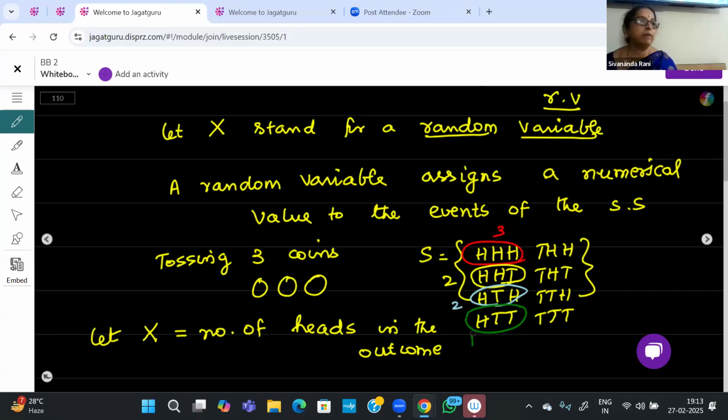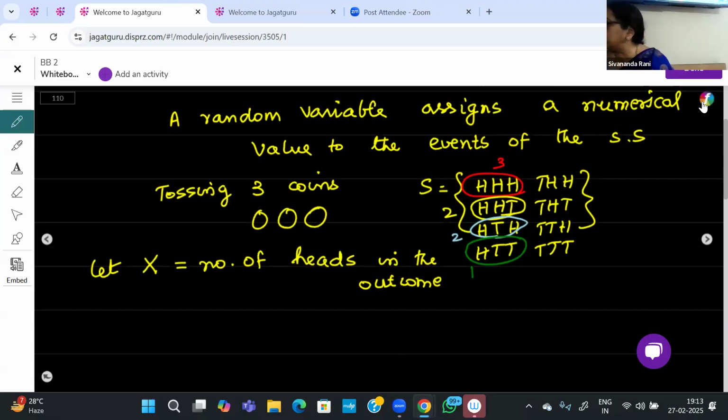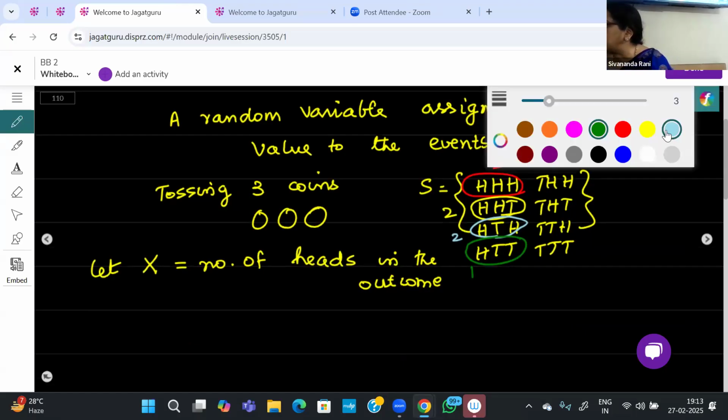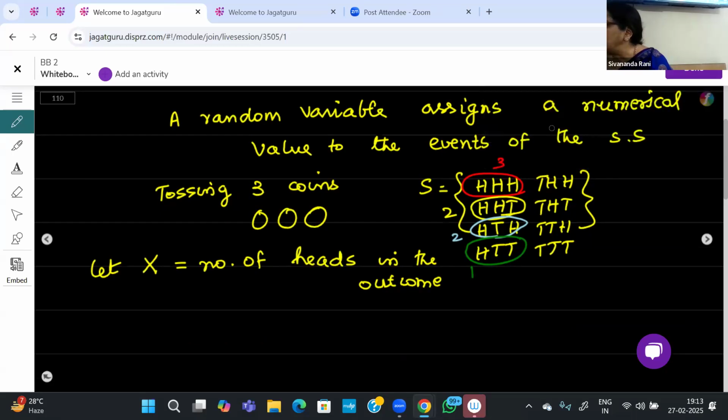So everything has become a number, right? That means what are the possible numbers that the sample points can be associated with? Like here, I've got the number 2. Here I've got the number 1, right? And here I've got the number 2.